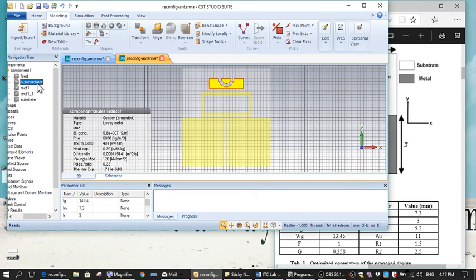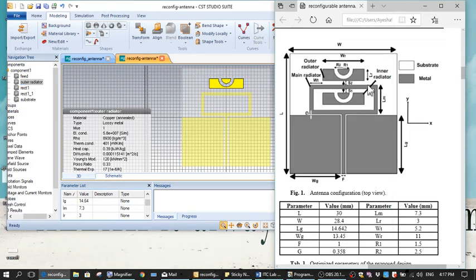Now just transform this outer radiator, or we will move it a distance which is less than 1, and again 1, 2, and again 1. It's 1.5 maybe, or 1.2 and 1.